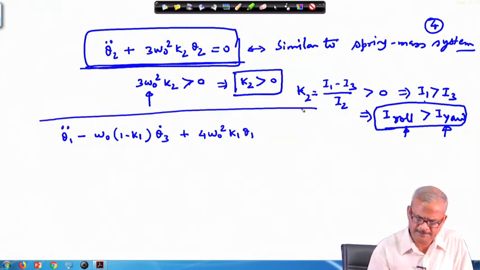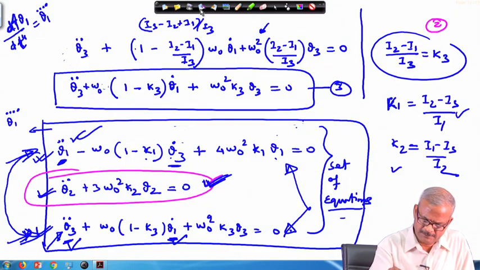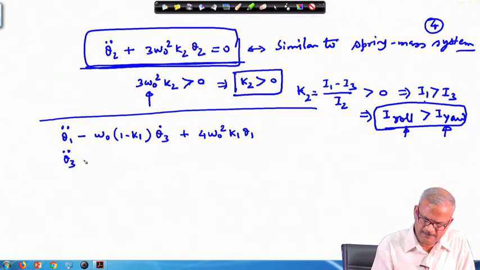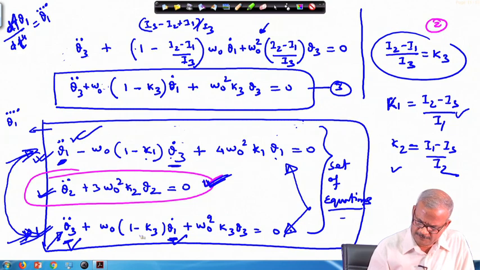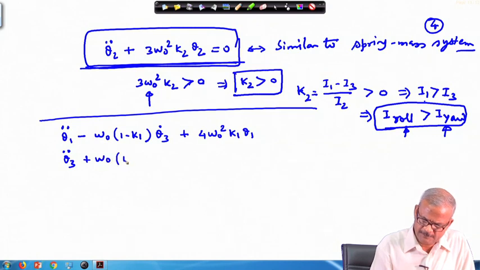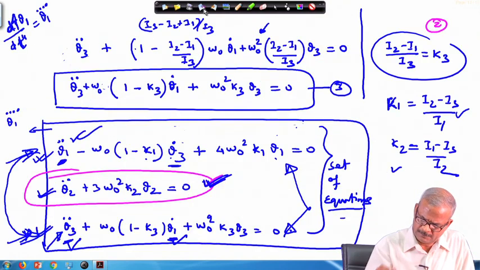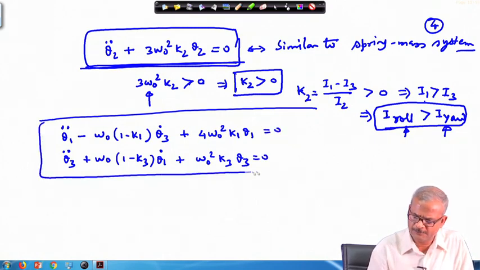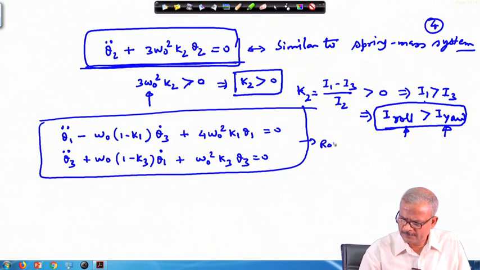So, this equation I have written here, and the other equation I will also copy: theta 3 double dot plus omega 0 times (1 minus k 3) times theta 1 dot, and plus omega 0 square k 3 times theta 3. This is equal to 0, this is equal to 0. So, these are the two equations where roll and yaw are coupled.